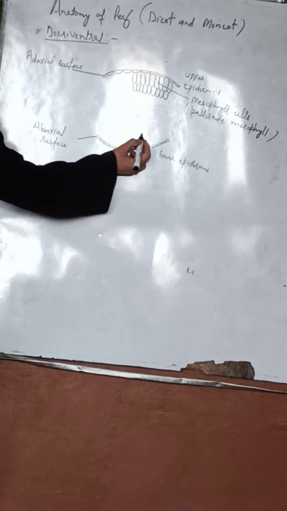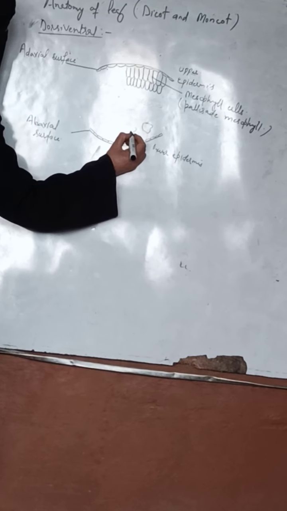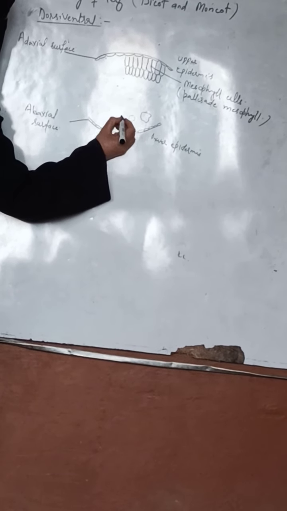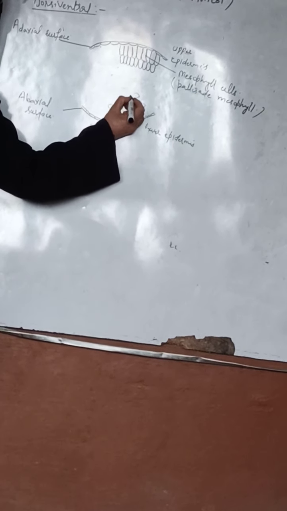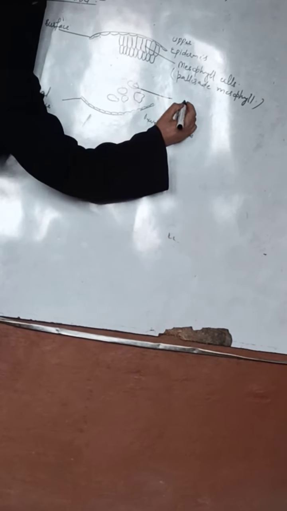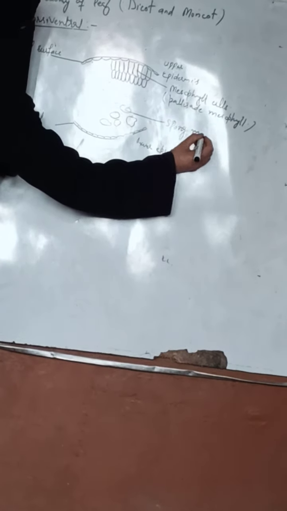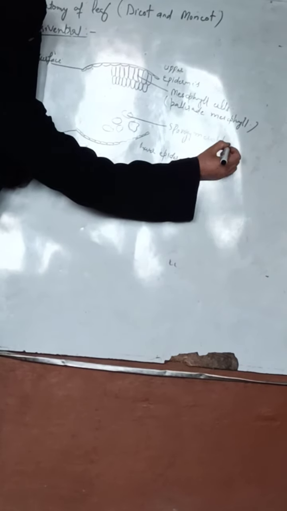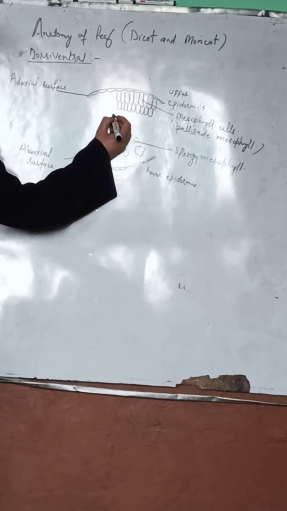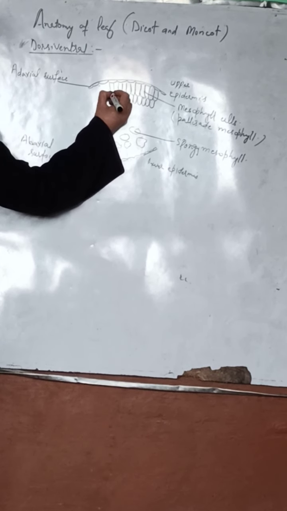Then there are cells which vary in structure, like this, like this, and these cells are called spongy mesophyll. Now there is a vascular bundle, an elongated structure.